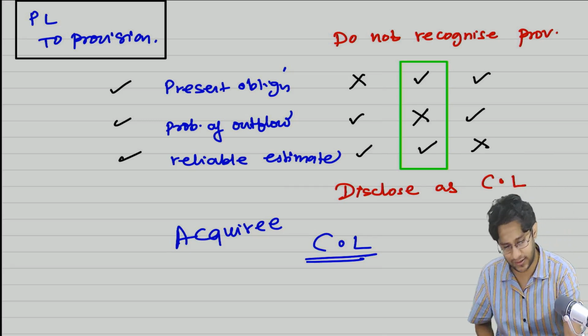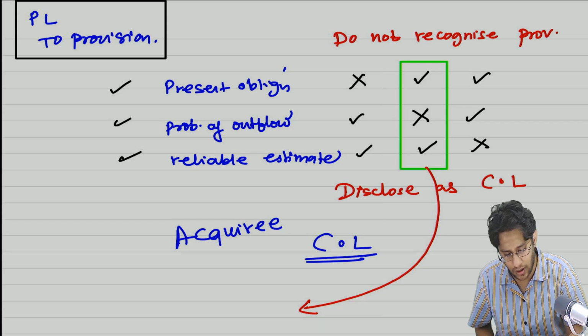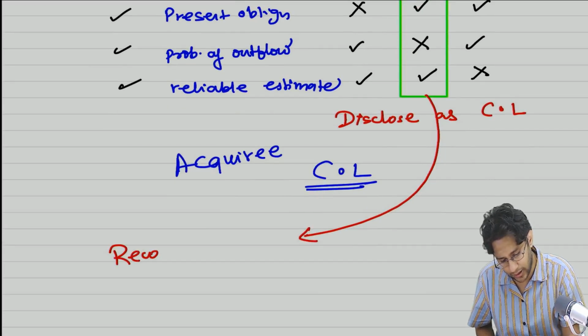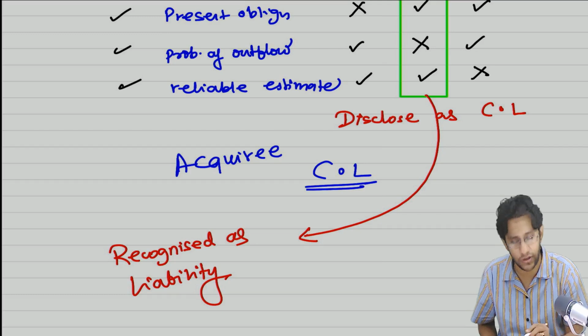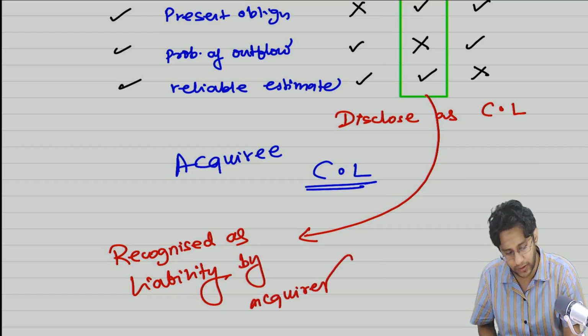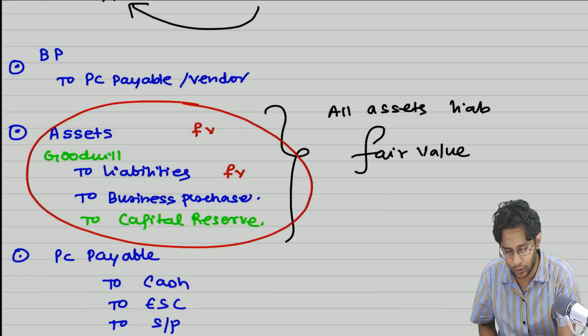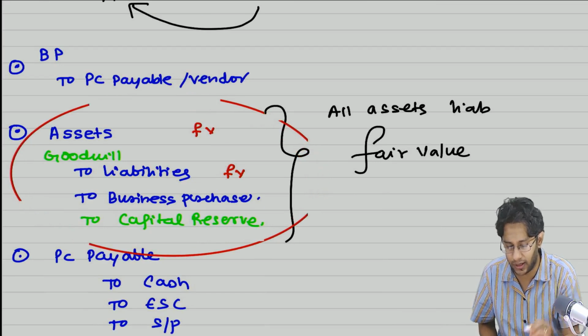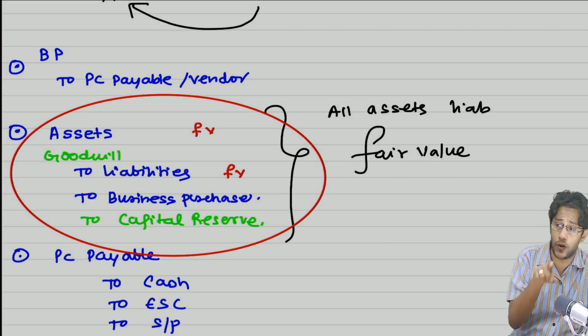The standard says that this kind of contingent liability is to be recognized as actual liability. That means you can create a provision for this on acquiring. That means when you write this entry, the assets and liabilities in the business purchase entry, in that liabilities include that contingent liability also.